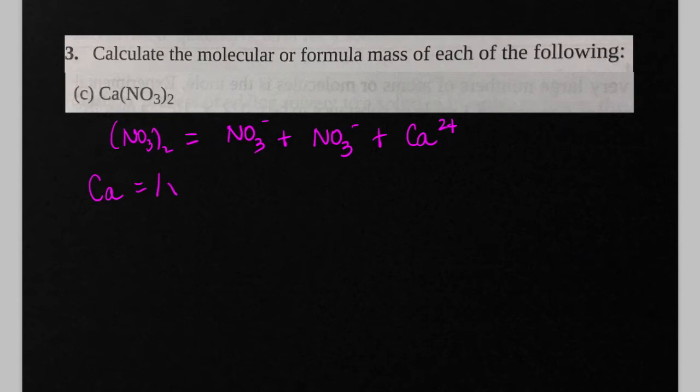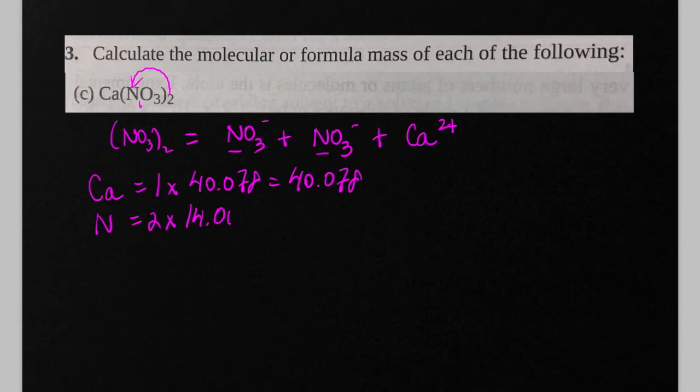So in total, there's 1 calcium atom, and the average atomic mass of calcium is 40.078 grams per mole. And we've got a total of 2 nitrogens. So basically, the 2 multiplies the unshown subscript of 1 of the nitrogen to give you 2 nitrogens.